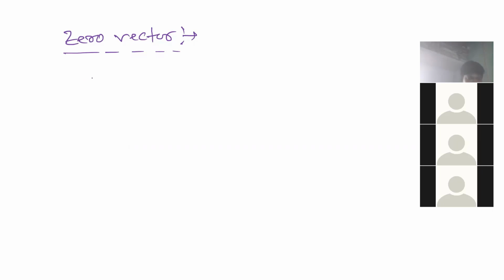Suppose I am saying that A vector equals 0, B vector equals 0, or C vector equals 0. I am unable to predict the direction of that particular vector. I don't know in which direction it is working, because whenever it is working along any particular direction, it should have a magnitude along with it, right?